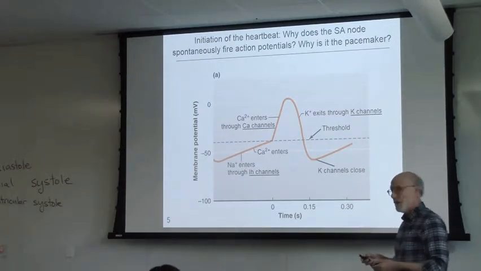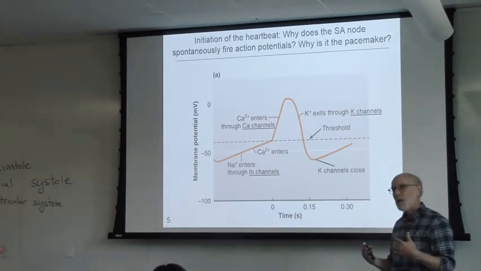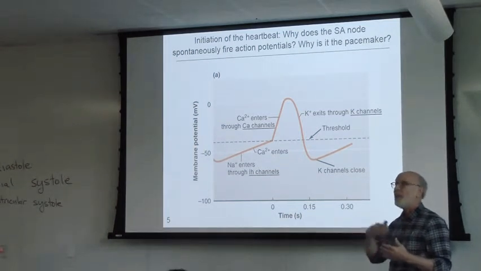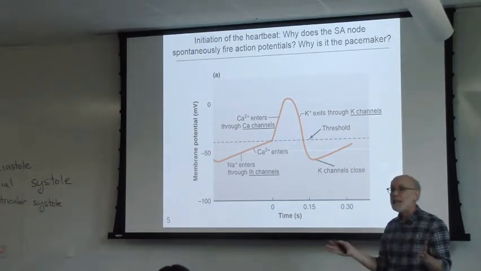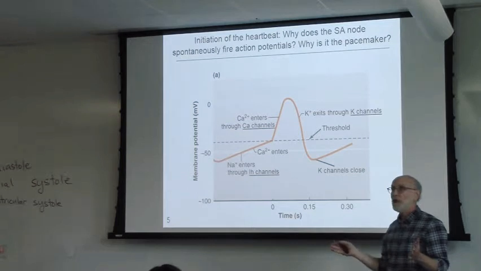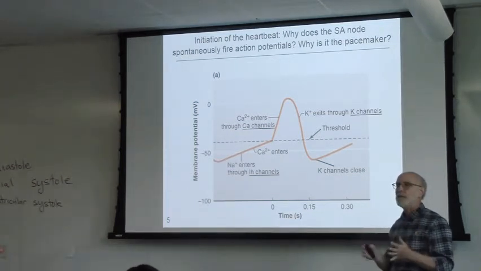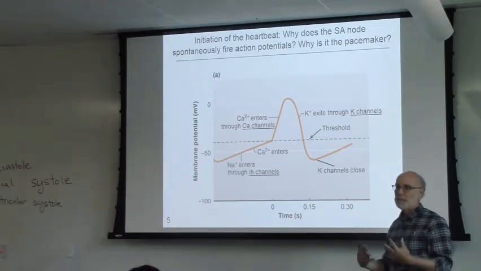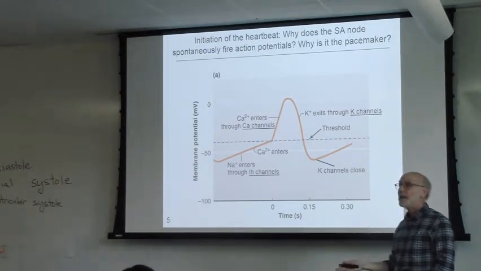So the first thing to realize is the SA node is the pacemaker. So it's firing an action potential on its own. It doesn't need any stimulus to fire an action potential. It is an intrinsically active pacemaker that fires action potentials spontaneously, about once a second.